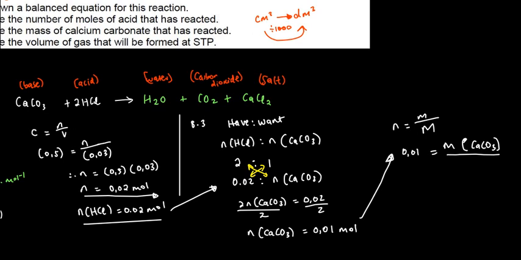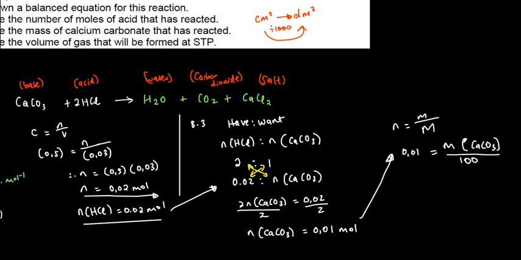Right. So 16 multiplied by 3 is 48, and then plus 12, you get 60, and then you get 100, isn't it? Yes, we get 100 grams per mole. Perfect. So here we'll put 100 here.